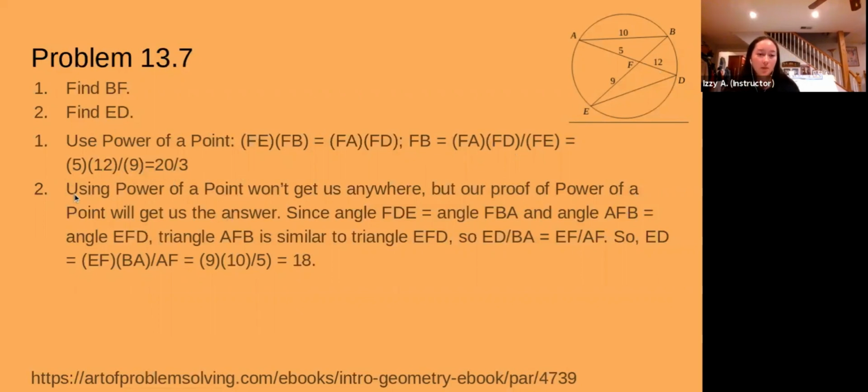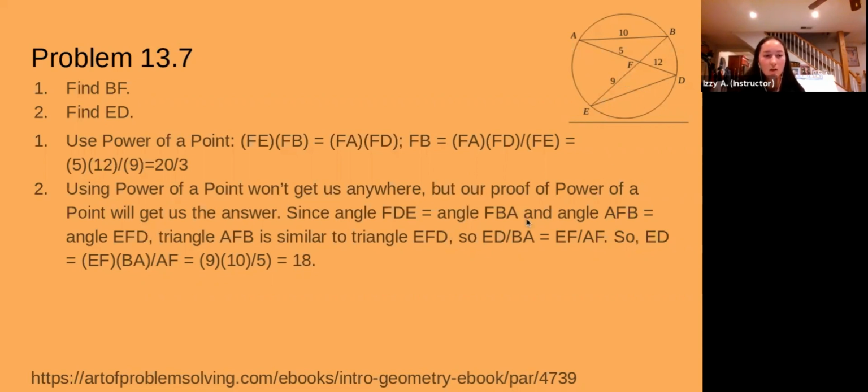For ED, using power of a point won't get us anywhere, but our proof of power of a point can get us the answer. Since angle FDE is equal to angle FBA and angle AFB is equal to angle EFD, triangle AFB is similar to triangle EFD. So ED divided by BA is going to be EF divided by AF.